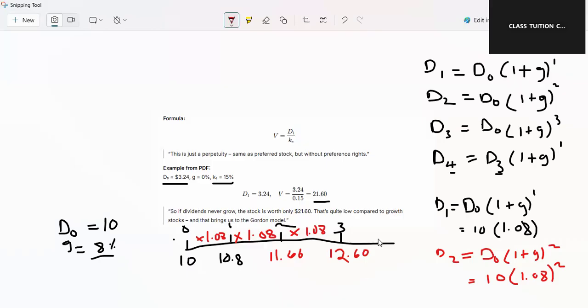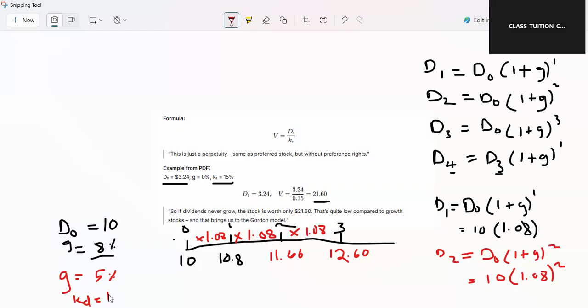Then suppose they tell you that for the first 3 years, you're growing at 8%. Then after 3 years, you're dropping from 8% to maybe 5%. And the market rate KD is 15%.